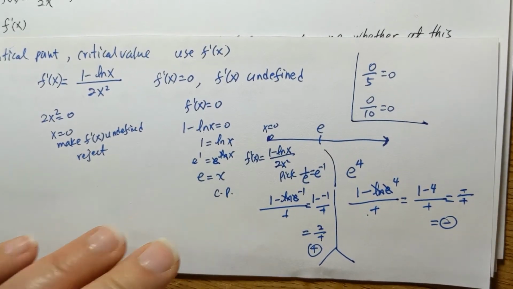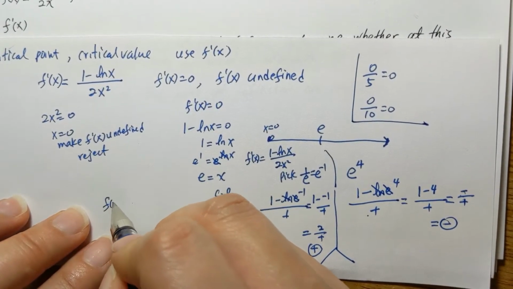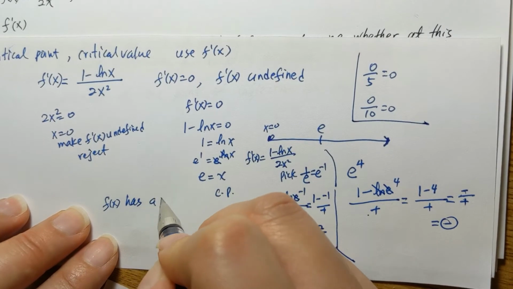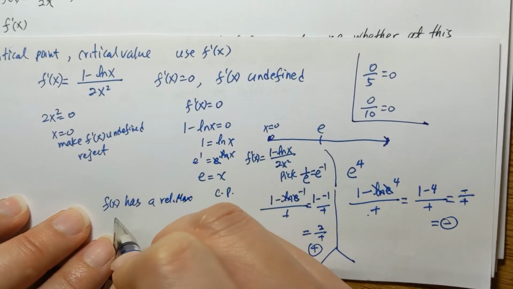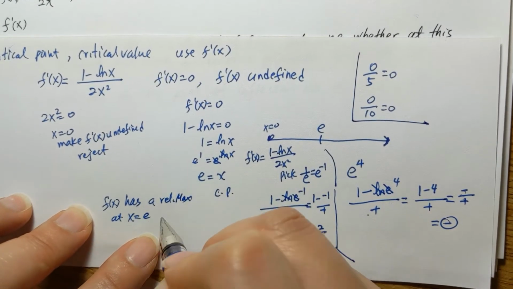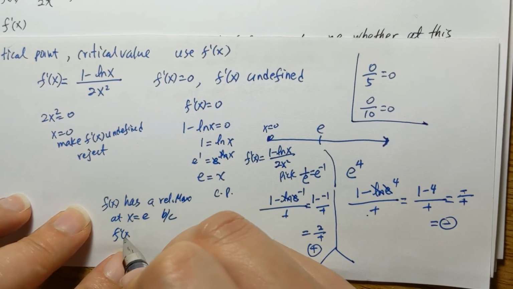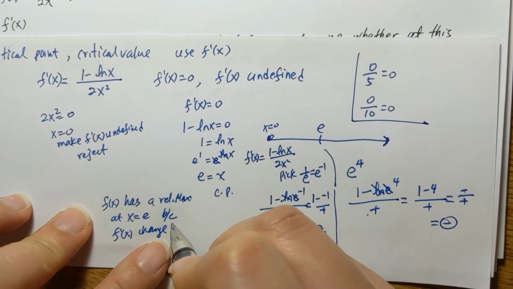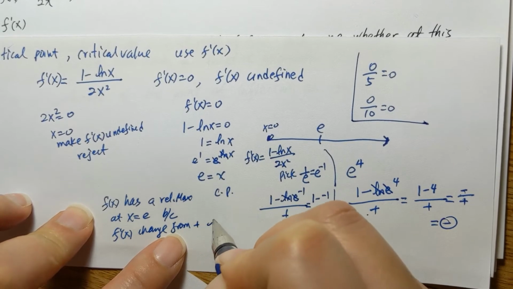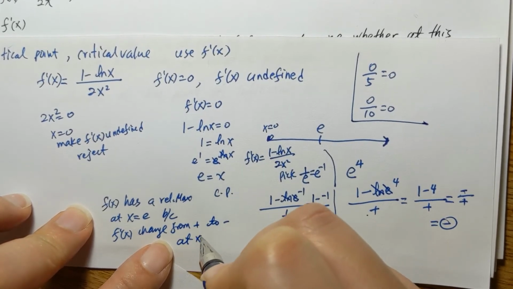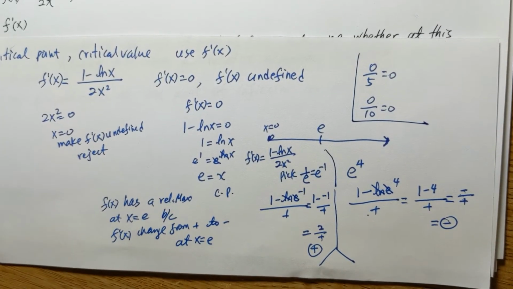So, conclusion: f of x has a local max at x equal to e, because f prime of x changes from positive to negative at x equal to e. So we finished question 4b.